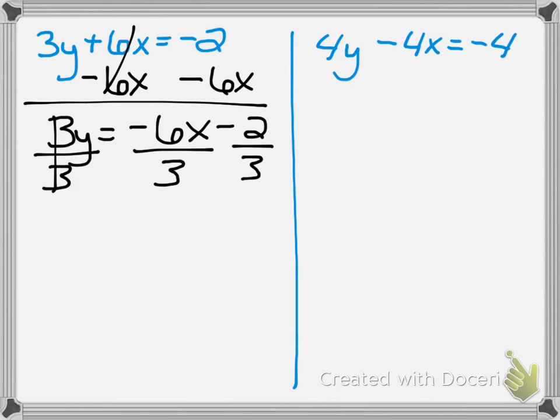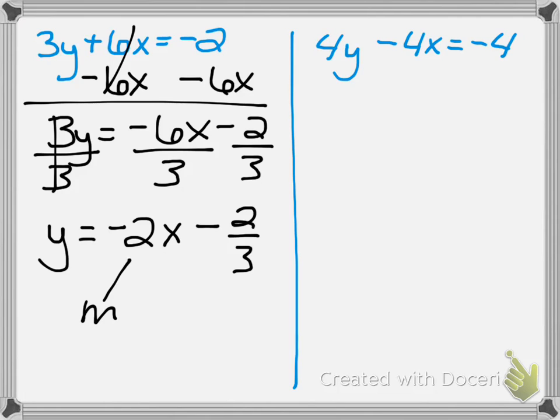These will cancel. I have y equals negative 6 divided by 3 is going to be negative 2x minus, and I have 2/3 at the end. Again, y equals mx plus b. My m is my negative 2, and my b is my negative 2/3.